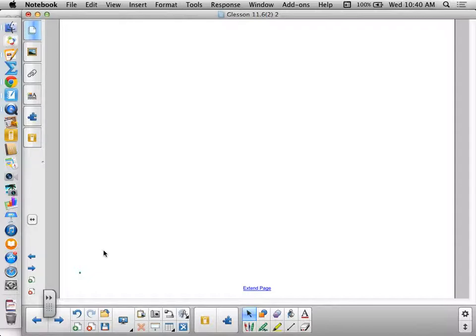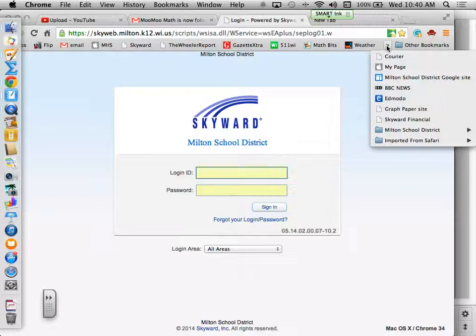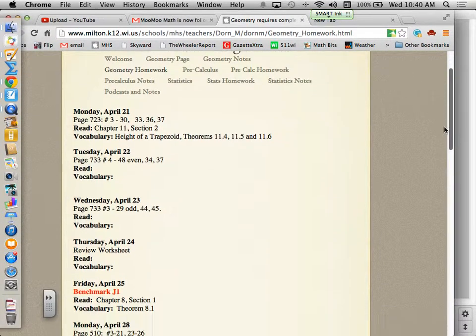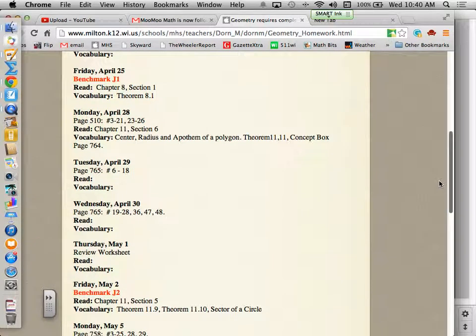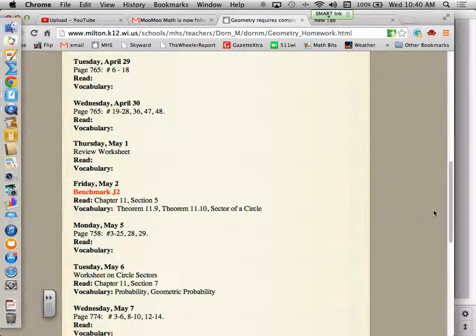All right, so what we're doing today is working on this and practicing, and if you weren't practicing yesterday, you should be definitely practicing today. We've got page 765, 19 through 28.